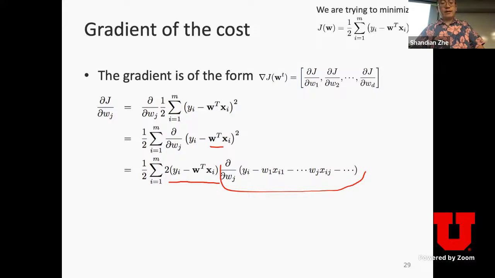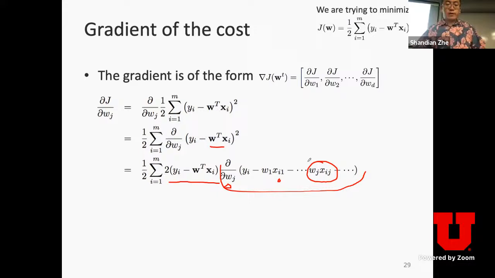If we look at this dot product, we see that this is essentially W1 times the first feature of xi, which we denote by xi1, W2 times the second feature xi2, and so on. Because we are only interested in the partial derivative for Wj, there's only one relevant term: Wj times the jth feature of xi, which is xij. This is a linear term.